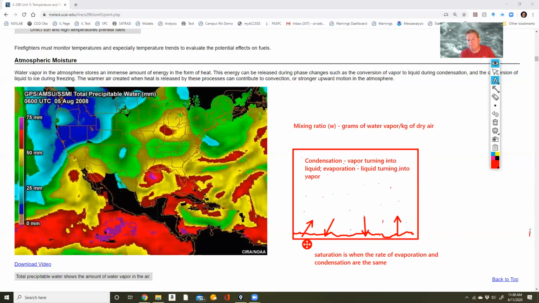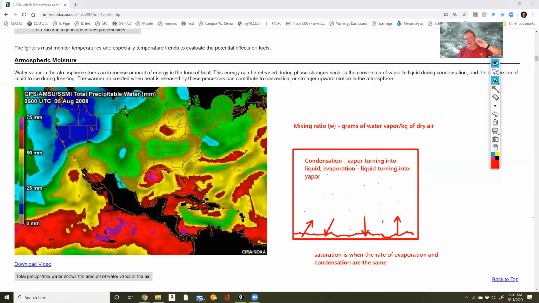Okay? That's what we mean by saturated. So if you've done the module, that amount of saturation is called relative humidity. Saturation is when the relative humidity is 100%. Okay? That's what's really going on. And that's with the puddle.